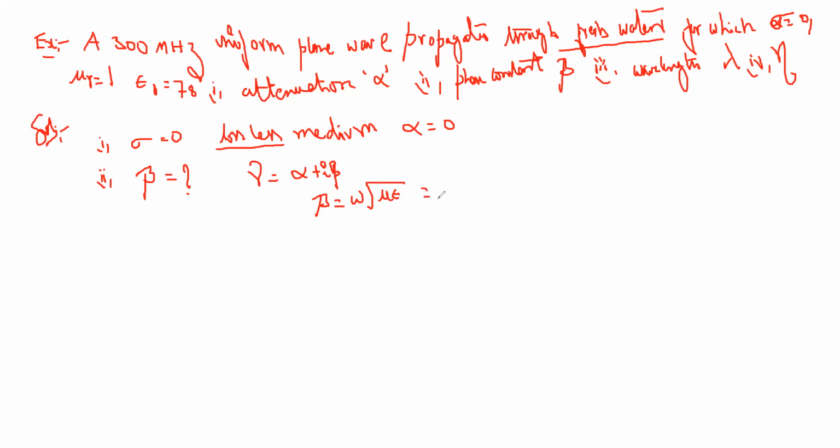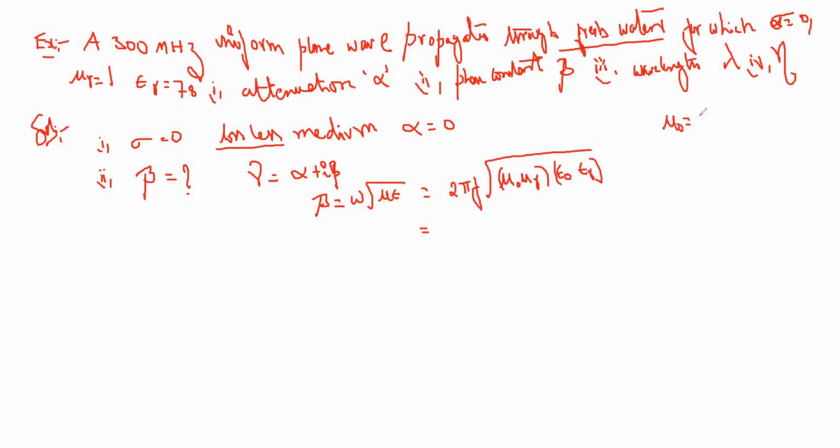Omega is 2 pi f, and under the root, mu is mu naught mu r, and epsilon is epsilon naught epsilon r. The mu naught and epsilon naught are constants.